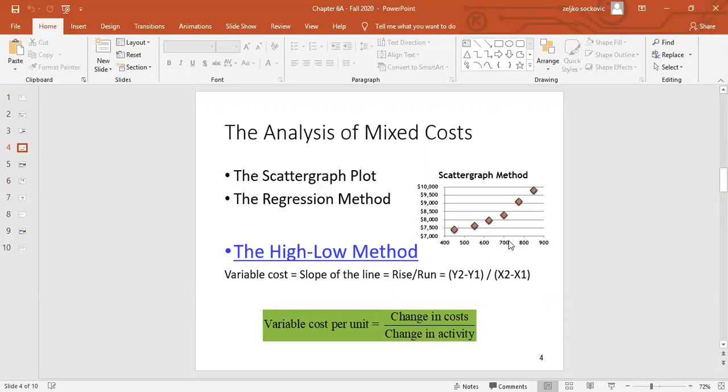Now, if you reverse this and make a mistake, first of all, you don't need a plot. You don't need to plot it on the x or y axis at all. But if you reverse this and say, I will put units on the y-axis, what will you get? If you try to divide units by dollars, what will be your answer?